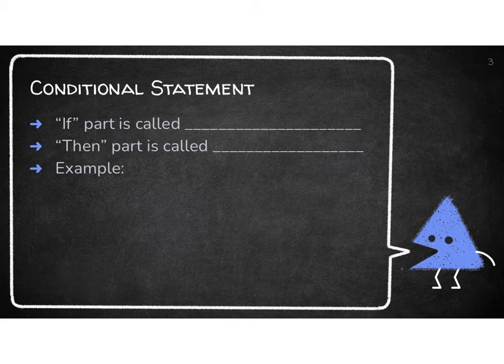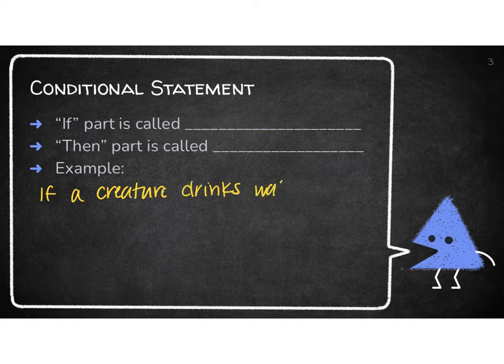We're going to take our statement and we're actually going to write it as a conditional statement. So we're going to use the statement above and we're going to use the words if and then. So if a creature drinks water, comma, then it will die.